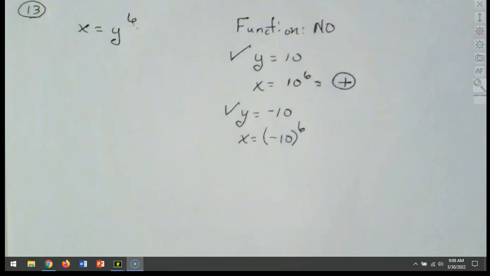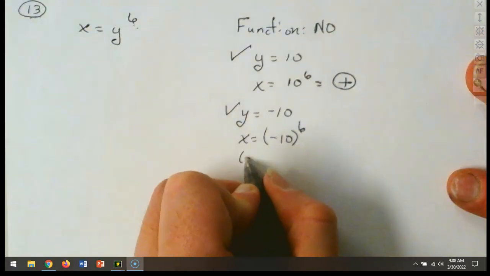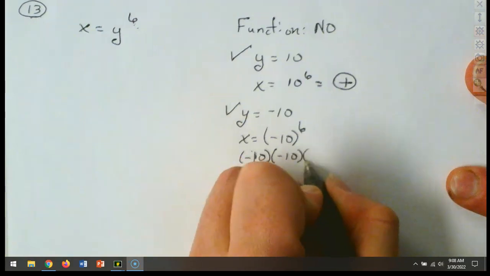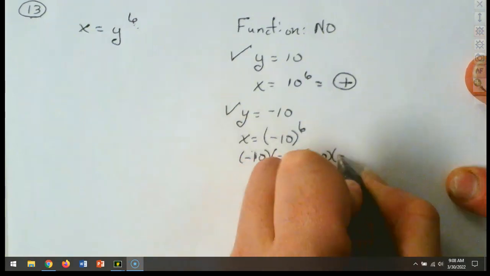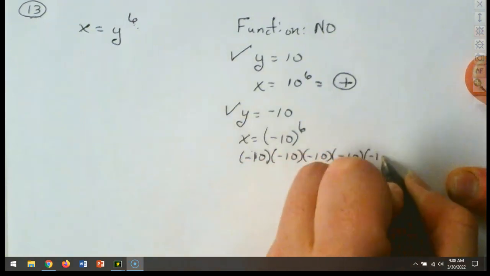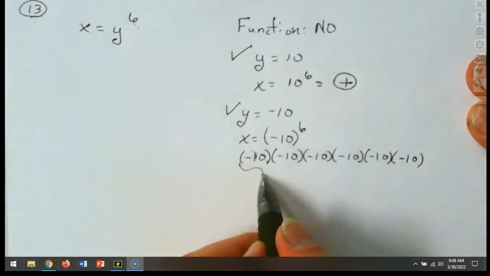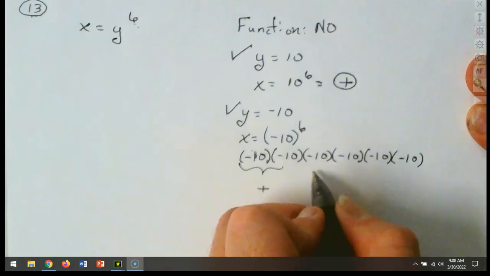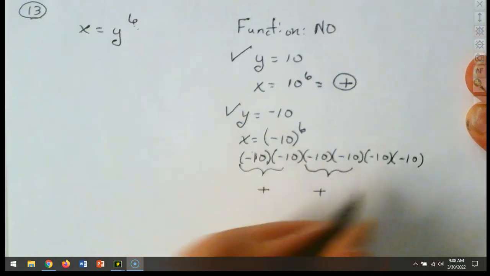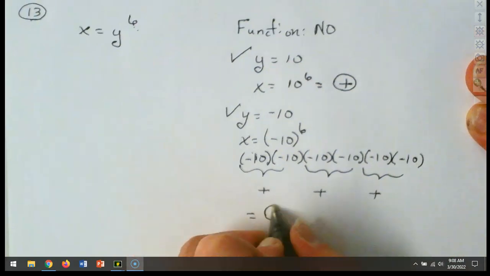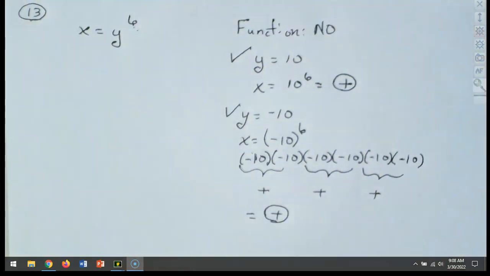Which one do you think it'll be? Yep, it'll be positive. Why? Because if we write it out 6 times and then cancel signs out, you can see these two cancel, make that positive. Those make it positive. Those make it positive. And so then that becomes positive.